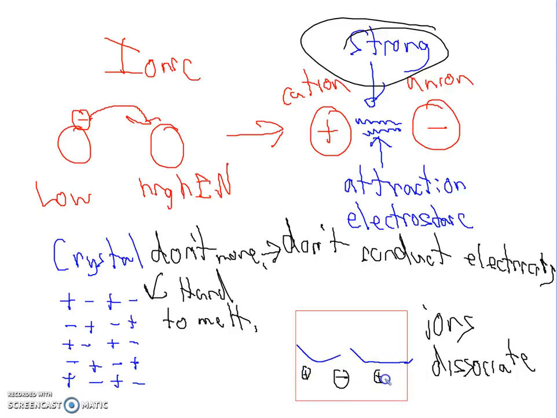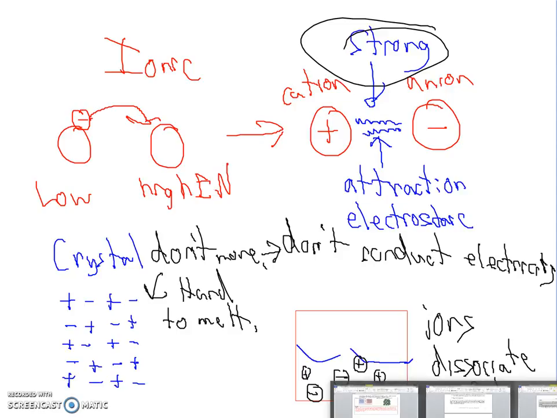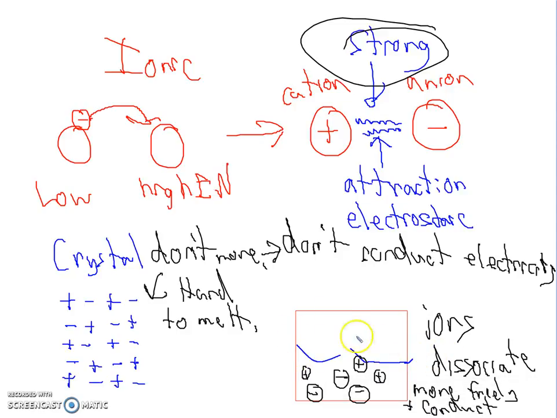And so now we've got these positive and negative charges just kind of floating around, and now they can move freely, and so they will conduct. Okay, but otherwise, if they're not dissolved or if they're not melted, this would also work if it's melted, you're not going to see ionic compounds conduct electricity.